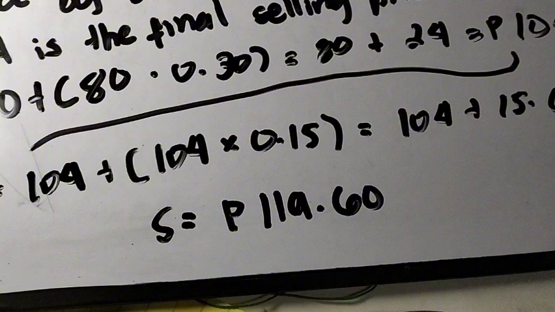And that will equate to 104 pesos. Now we take the 104 pesos and we do the same process. So 104 plus 104 times 0.15 because of the additional 15%. That will be 104 plus 15.60. And the selling price would now be 119.60 pesos.